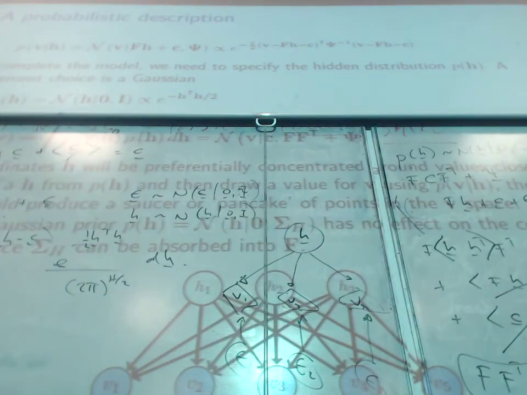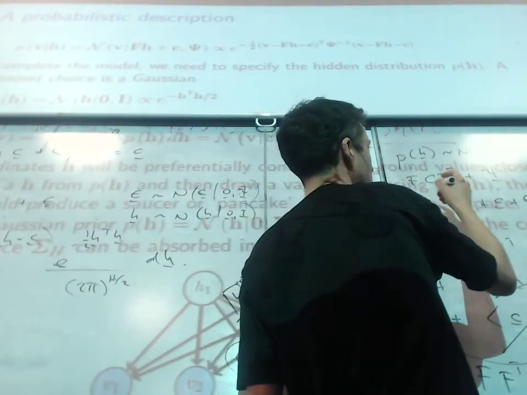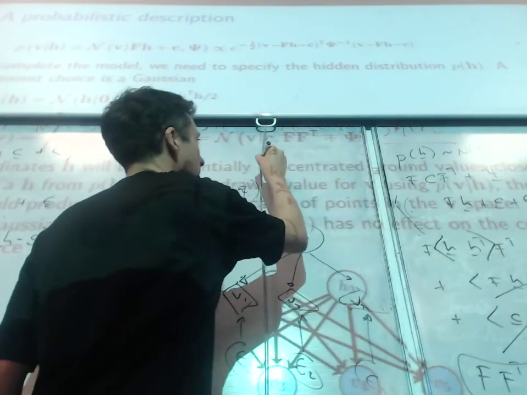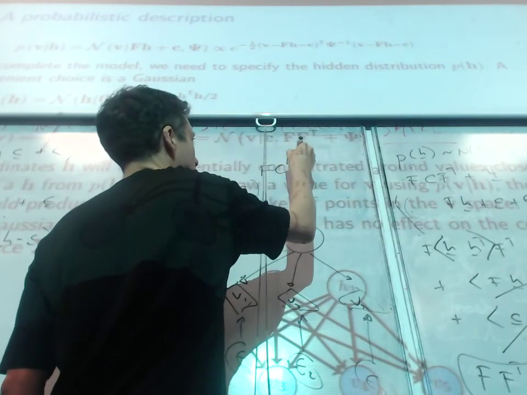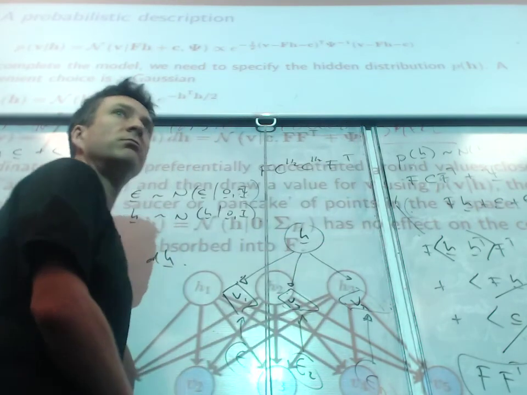covariance, right? But C is a covariance matrix, so it's got a square root. So we could define some matrix, say C to the half, and it's symmetric as well. So you could say that's equal to F C to the half C to the half F transposed.